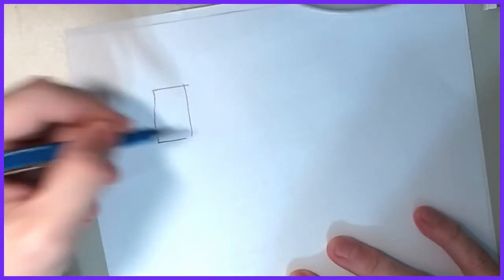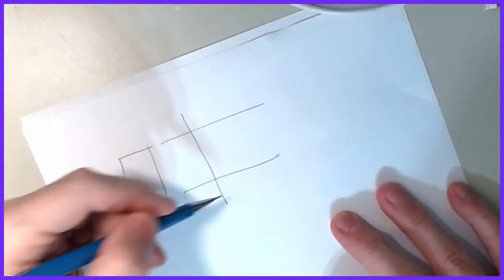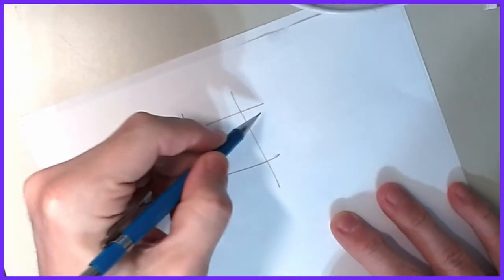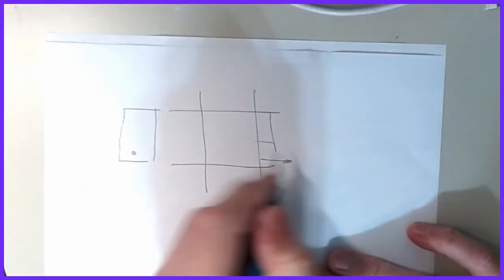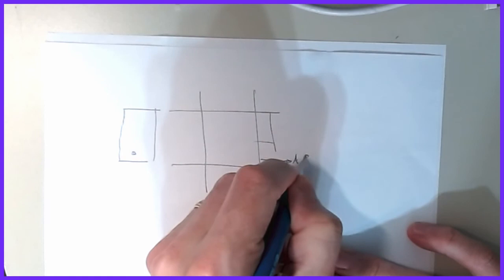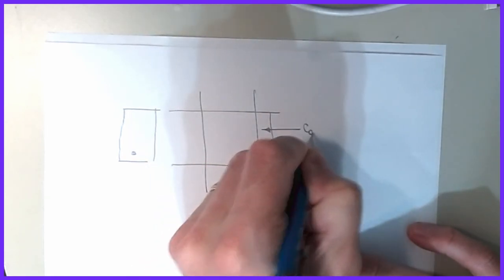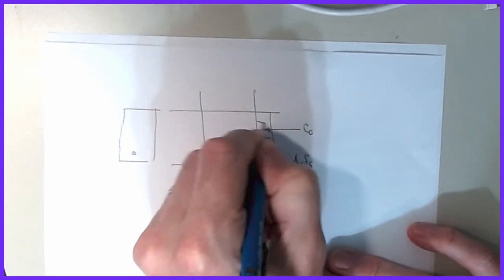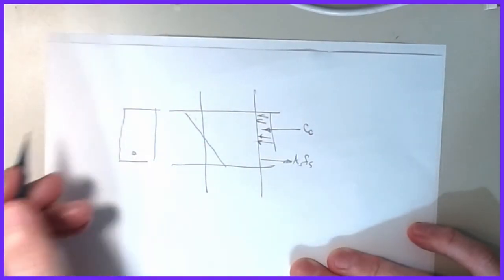Better. Remember, everything that we did with concrete came back to strain diagrams, and it came back to the Whitney block. Where this was As, fs, and this was our C sub C, and we did everything like that. Does that vaguely look familiar?